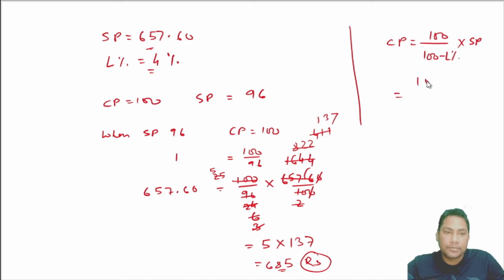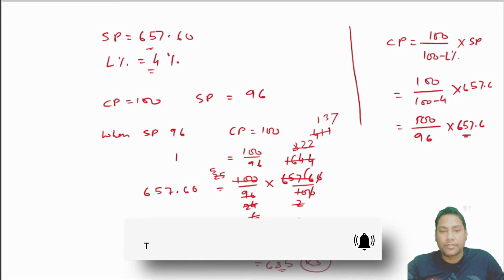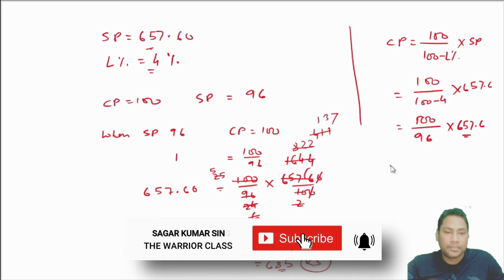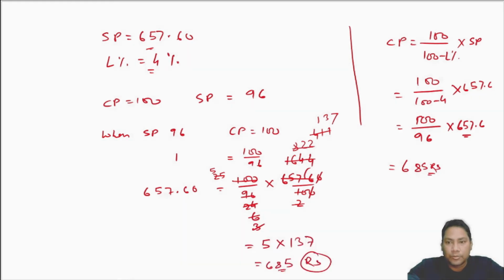This will become 100 divided by 100 minus 4, multiplied by selling price 657.6, so 100 divided by 96 multiplied by 657.6. Here the simplification is the same, so the answer will be 685 rupees. So these are two approaches to solve this type of problem. We'll look into some more questions.